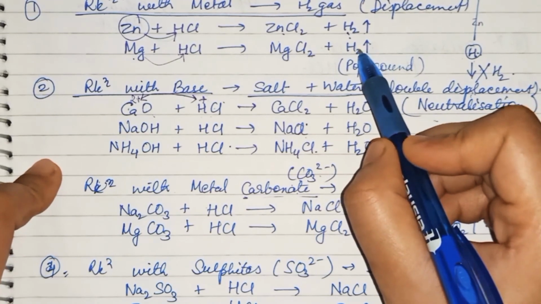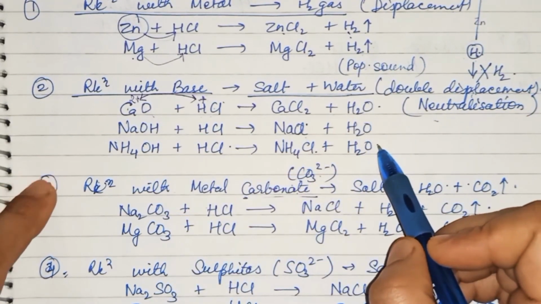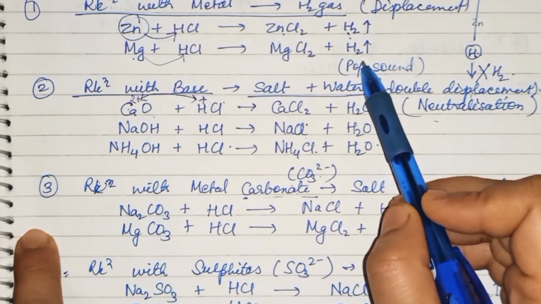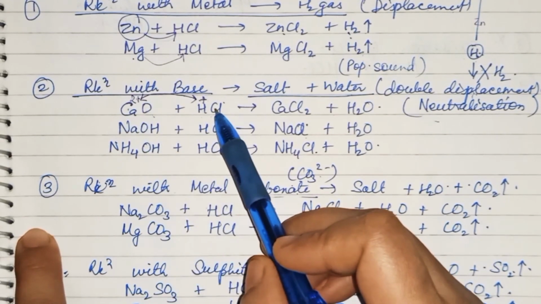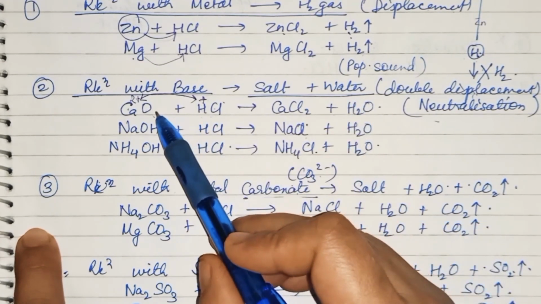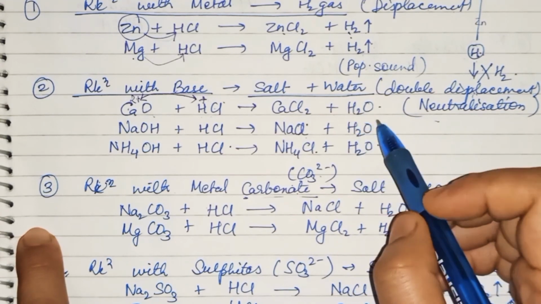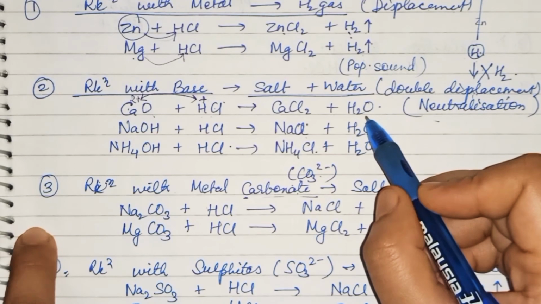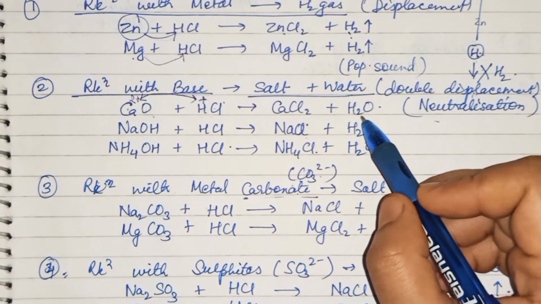That time this hydrogen will combine with the oxygen of the reactant and form water. In the first reaction, metal and acid give salt and hydrogen gas. In the second reaction, base and acid give salt and water. Why is it forming water? Because oxygen is present on the reactant side and hydrogen is a very good reducing agent, so it will combine with oxygen and form water.